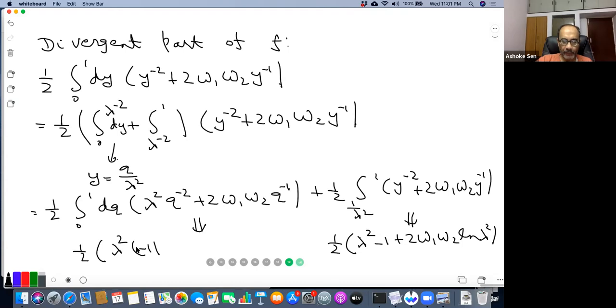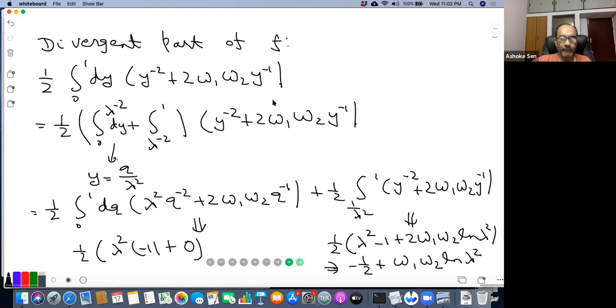Plus this is integral dq q inverse, so that's a 0 mode propagating. We are supposed to remove this, so that's 0. So after adding these two, we get a finite result, which is minus half plus omega 1 omega 2 log lambda square.